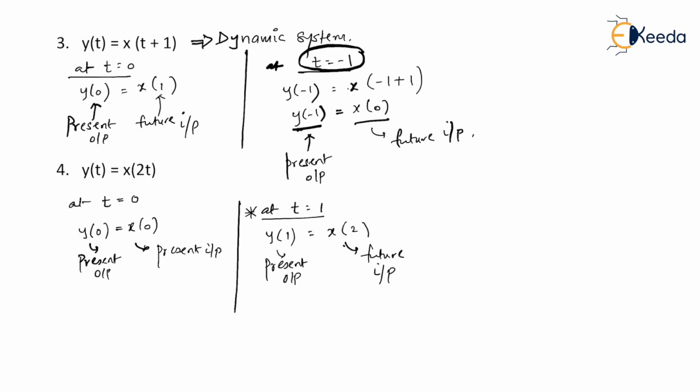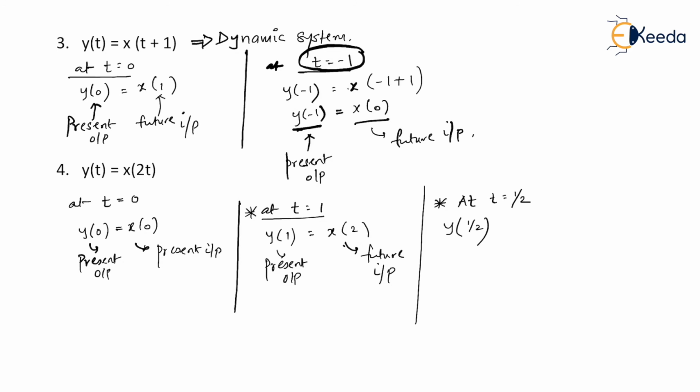I'll take one more example. That is one more time instant. Let's say at t equal to half, then it becomes y of half. t equal to half means 0.5.